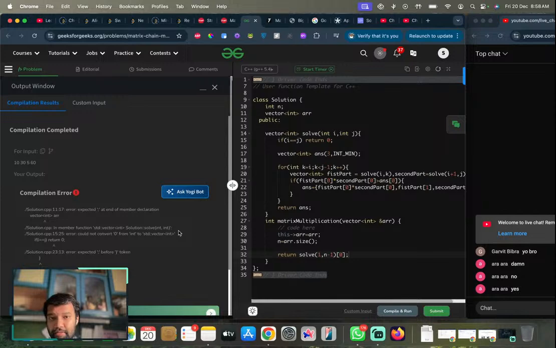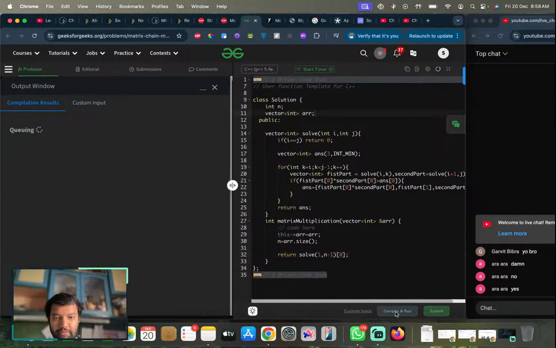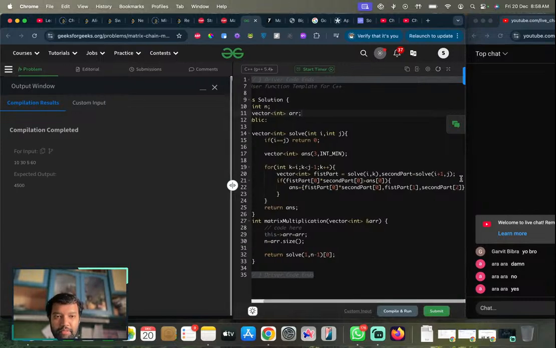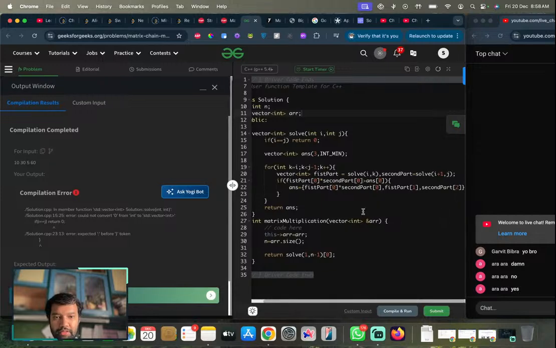Any other semicolons that I'm missing? Yes.